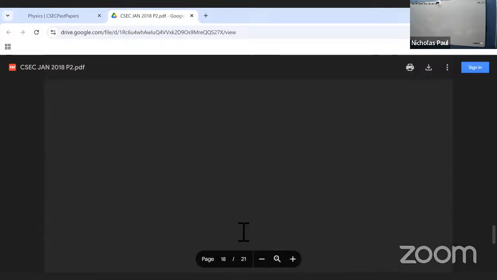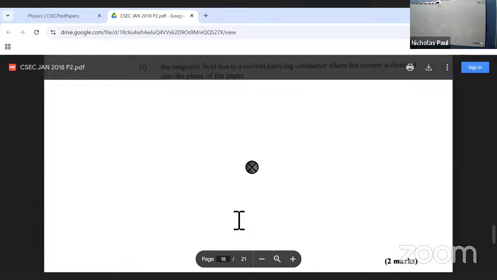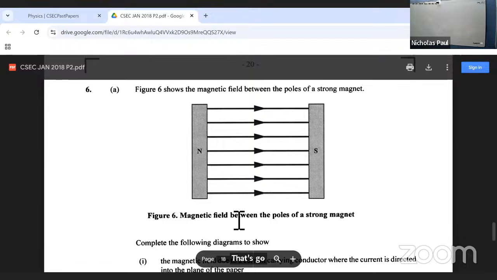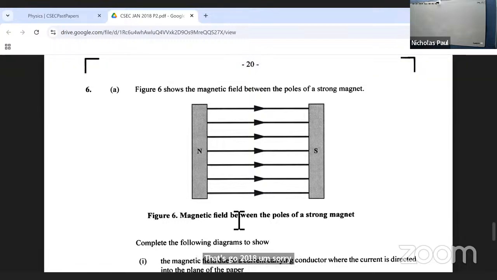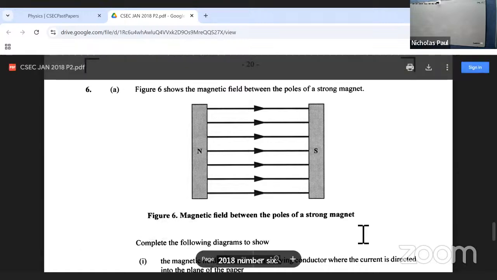Take a little read. 2018, number 6. I'm going to zoom out a little bit. Actually, you don't need to touch it.